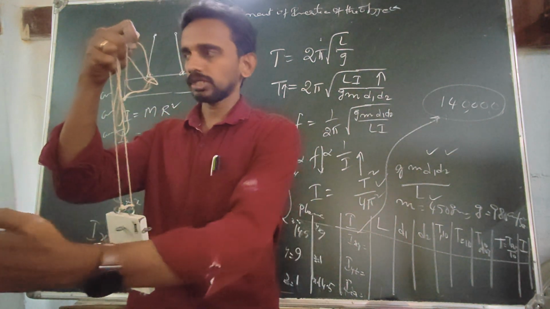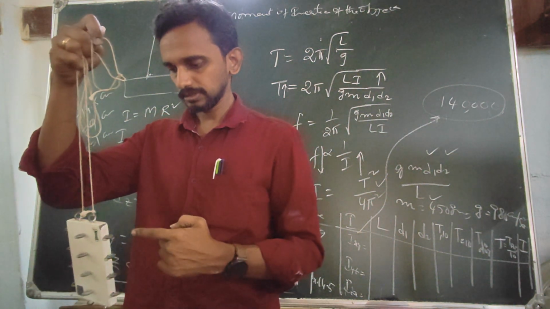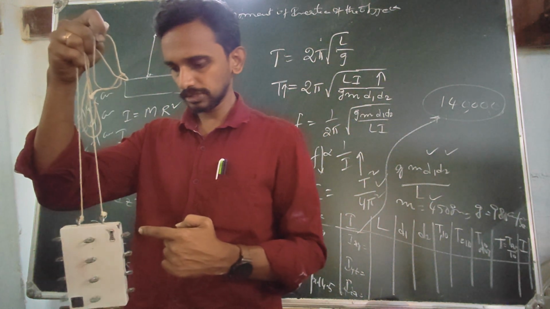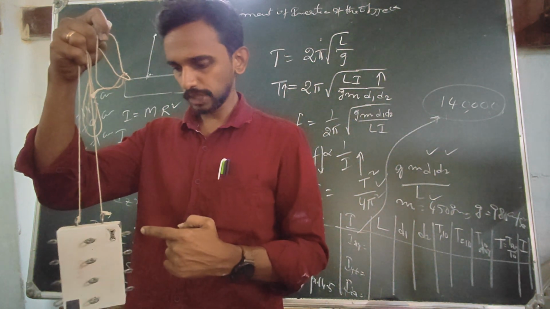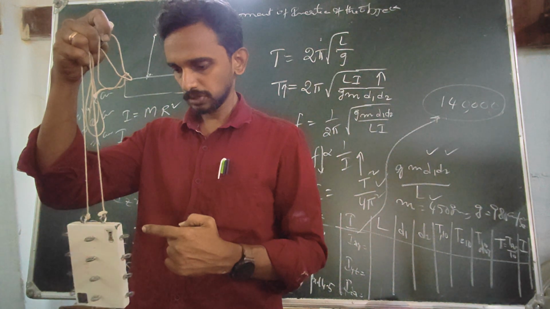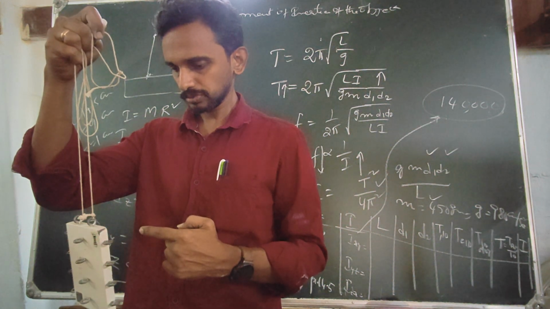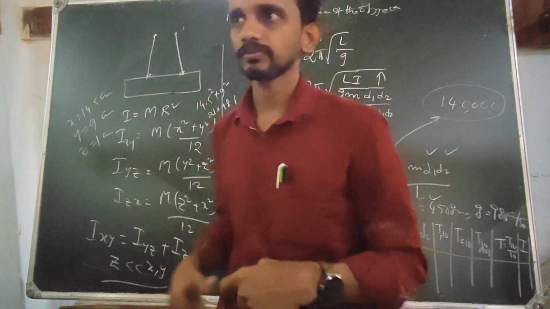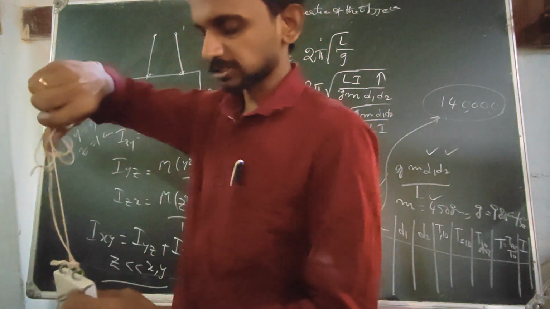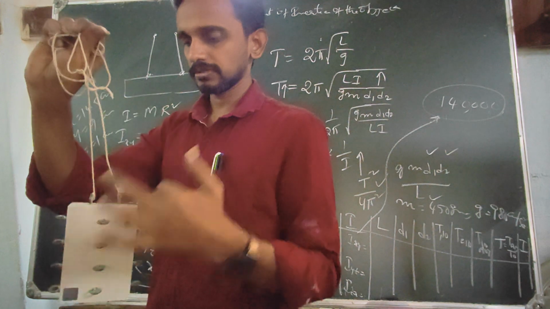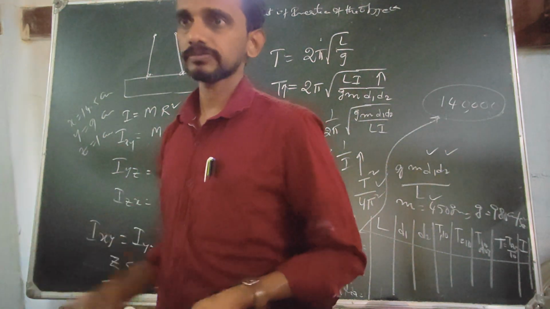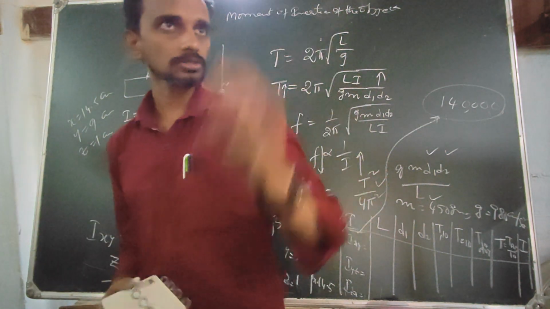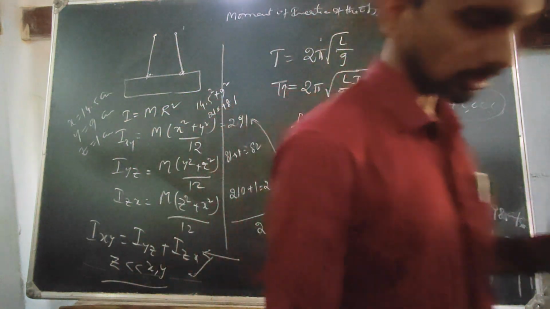So it will go to the other end and come back. So 0, 1, 2, 3. So like that we will count. Okay, so you have to perform this experiment in all the 3 directions. So x, y, y, z, z, x. Okay, your suspensions are there, you can continue with your experiment.